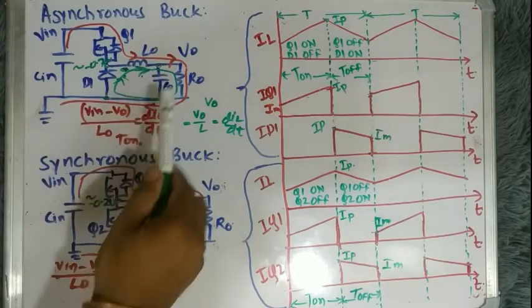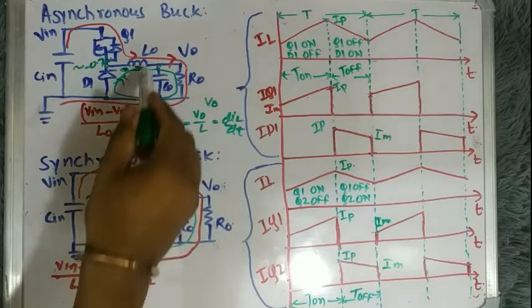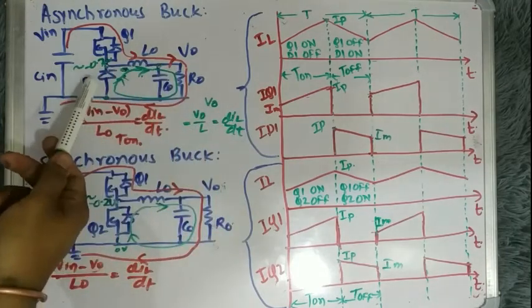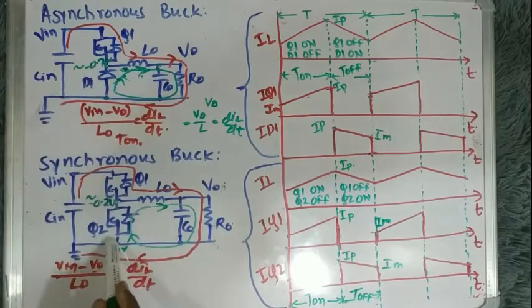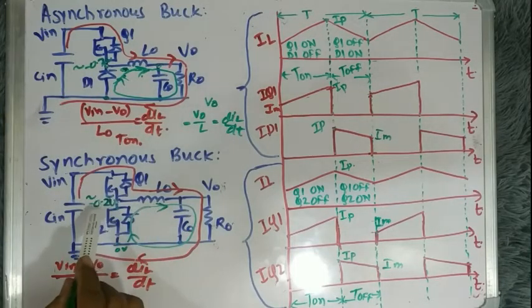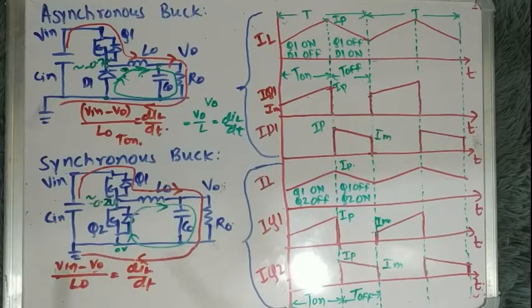If we compare the power loss, in the diode the freewheeling current is multiplied by 0.7 volt, and here the freewheeling current is multiplied by 0.2 volt. That's why conduction loss in the MOSFET is less compared to the diode. That's why the synchronous buck converter is used in high power applications for better efficiency.